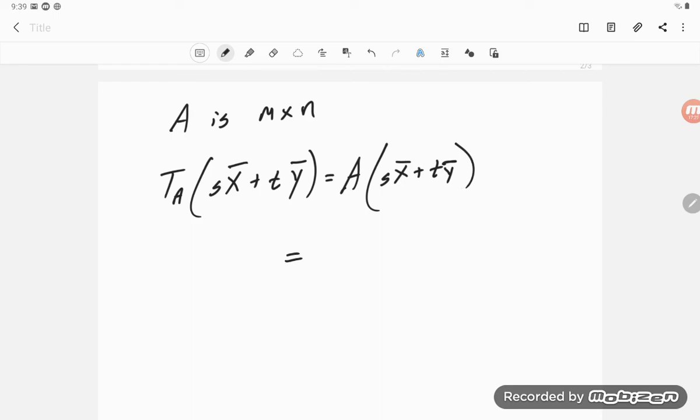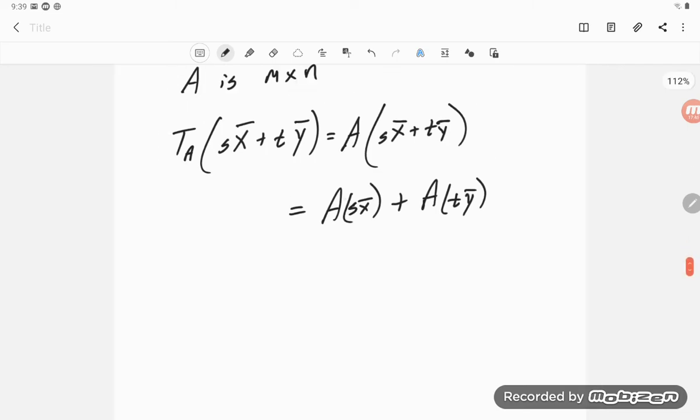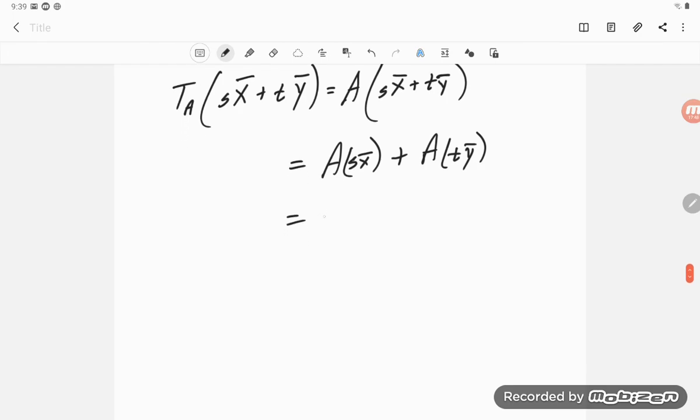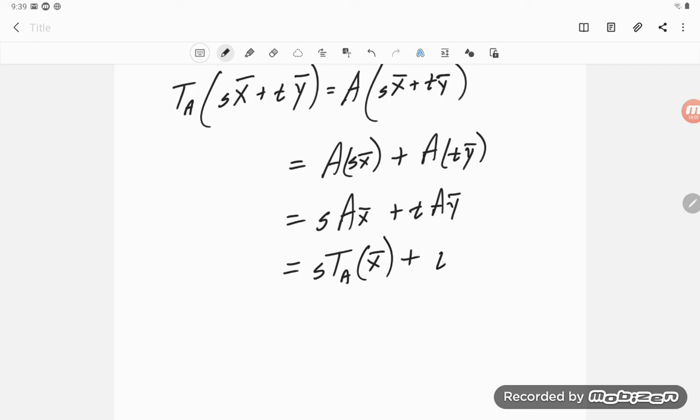But our properties of matrices say I can distribute that matrix multiplication over the addition, so I get A times s x and A times t y. And then the scalars, again by our properties, I can write as s Ax and t Ay, but now that's s times T_A of x plus t times T_A of y. So it's a linear transformation.